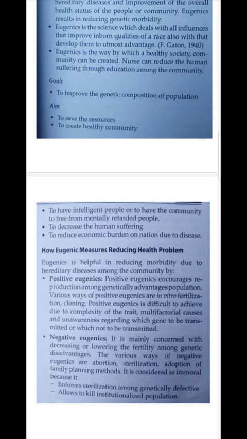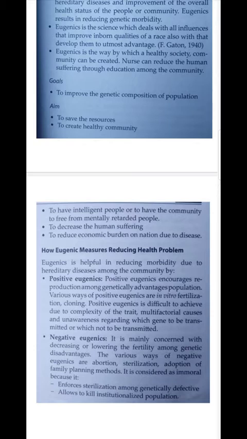So now, how do eugenic measures reduce the health problem? Which measures can we use? Okay, so there are two types, that is positive eugenics and negative eugenics. Positive eugenics means the production of good individuals or a genetically advantaged population, that is by in vitro fertilization, in short IVF.